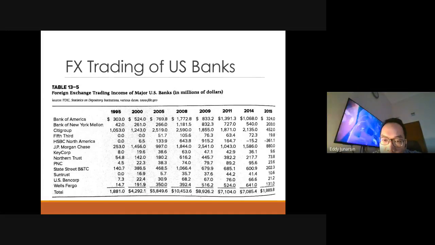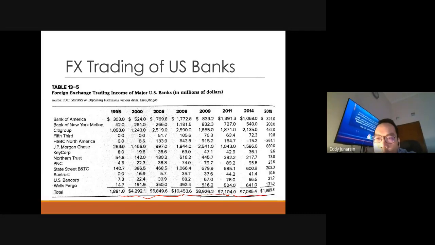So you're seeing actually not necessarily an increasing trend. It increased, but then steadily decreased from 2009 and then 2011, even 2014, 2015.